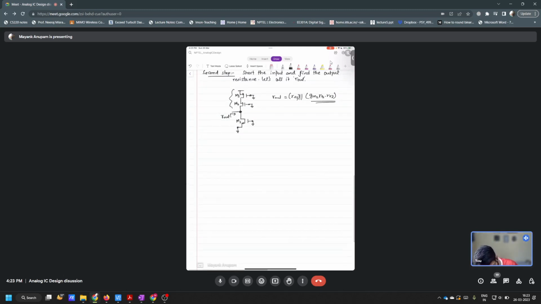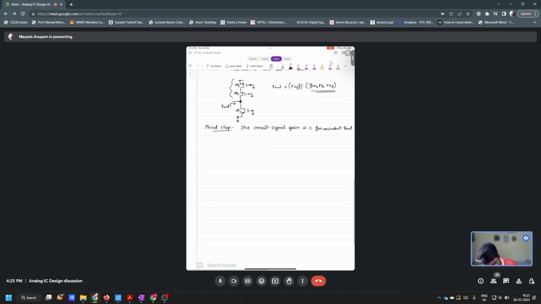And now the third step: the small signal gain is equal to GM equivalent times R out.